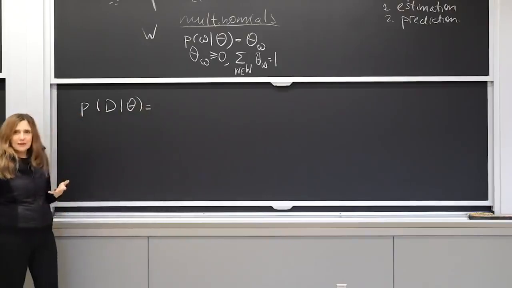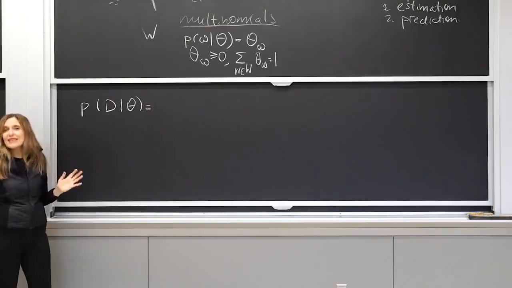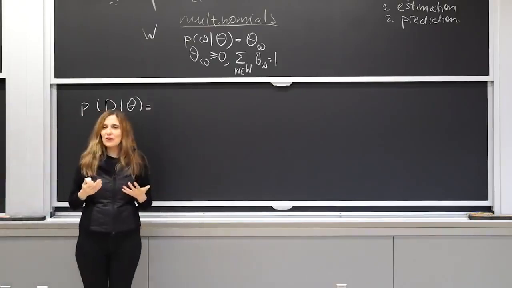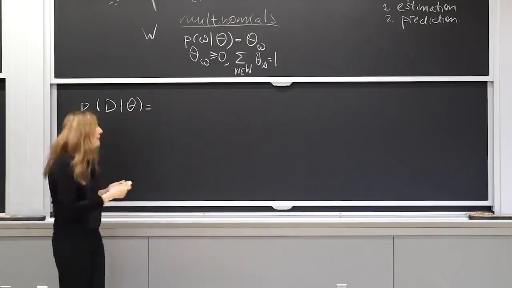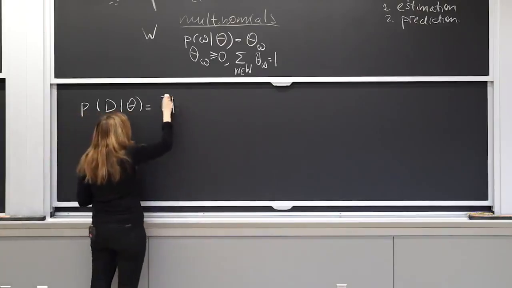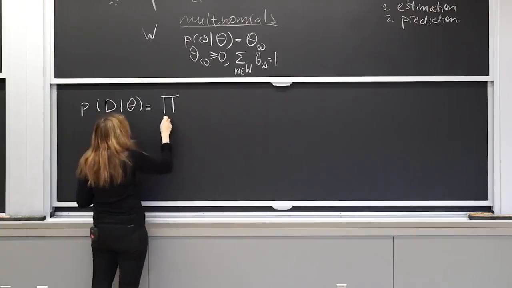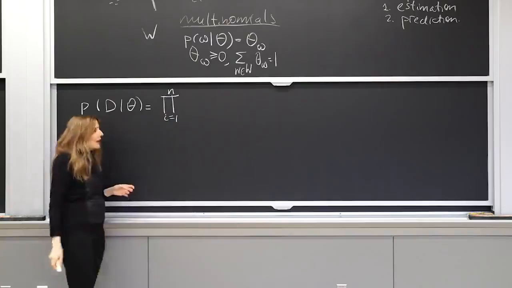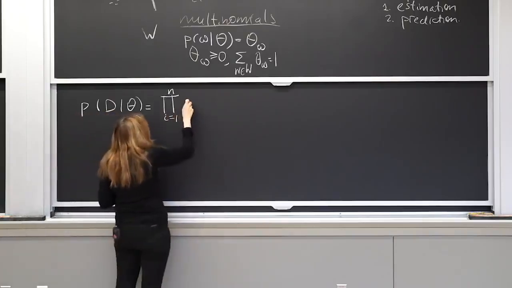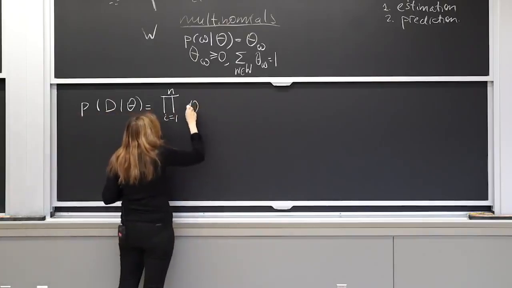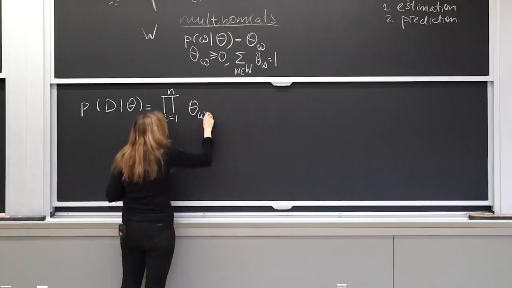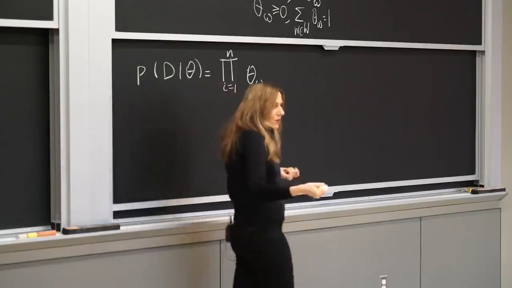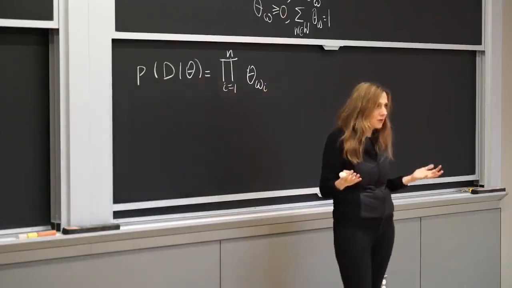So if we assume that our document has n words, again, as I said earlier, every single word is generated independently. So we can just take a product from 1 to n, and then we can just write theta Wi. So we take the probability of every word in our document and just multiply them all together.